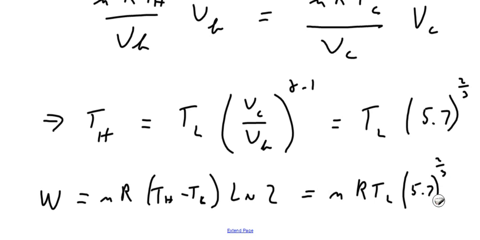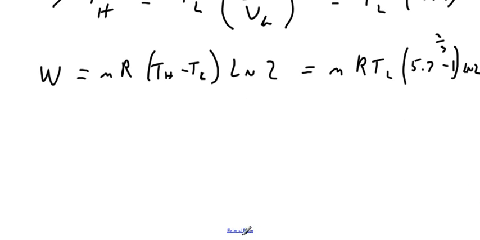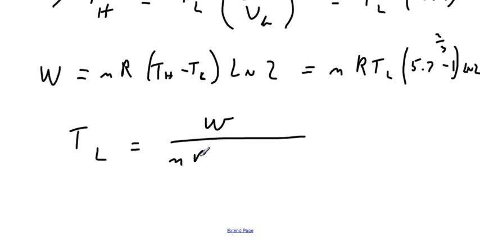I got a parentheses in the way. And we can rearrange that to say TL is equal to W, work, divided by nR natural log 2 times 5.7 raised to the 2/3 minus 1.